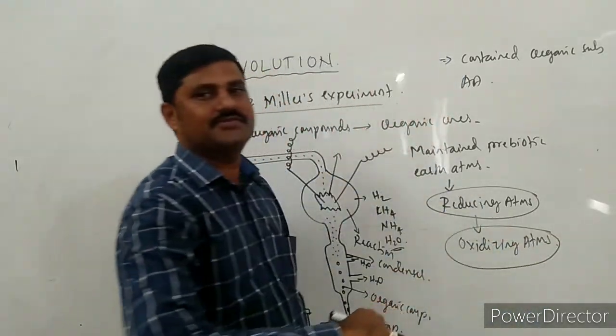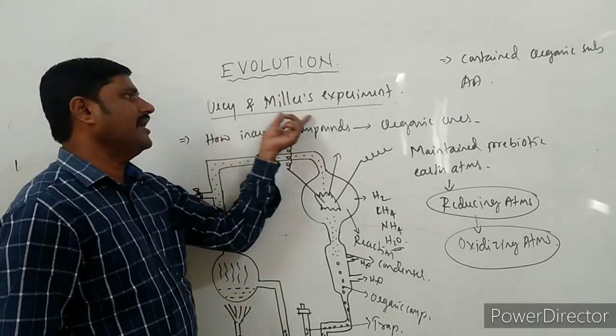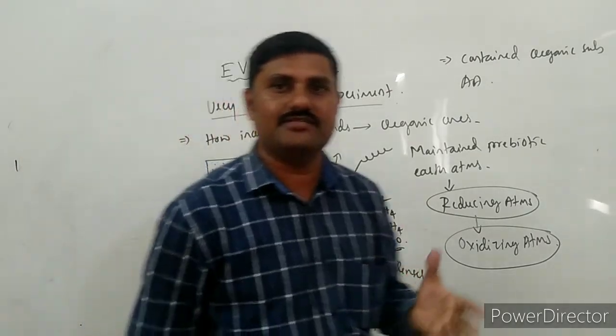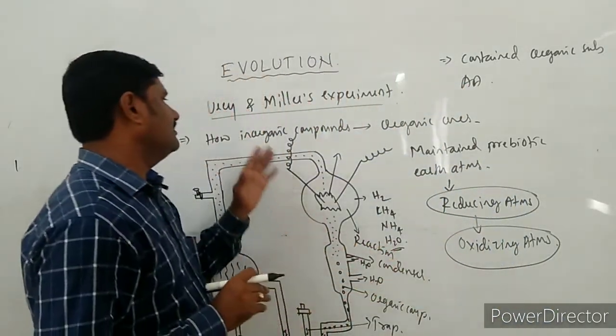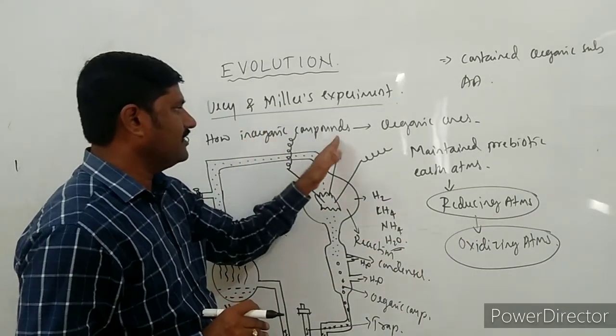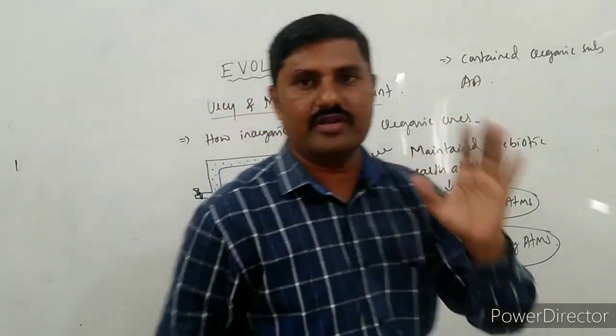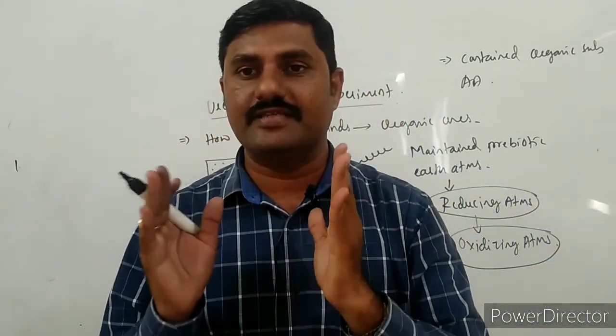See the difference, right? So Urey and Miller are the two scientists who succeeded in proving how, in the reducing atmosphere, inorganic components were converted into organic compounds. So this is about Urey and Miller's experiment.